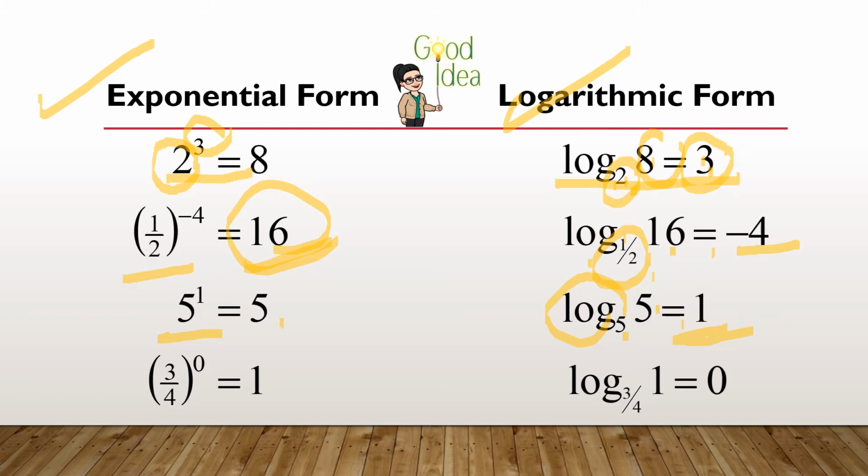And last, 3/4 raised to 0 is equal to 1 is the same as logarithm of 1 to base 3/4 is equal to 0. I hope you are seeing now the connection of the exponential form and logarithmic form. Let's have more examples as we go on to the next slide.